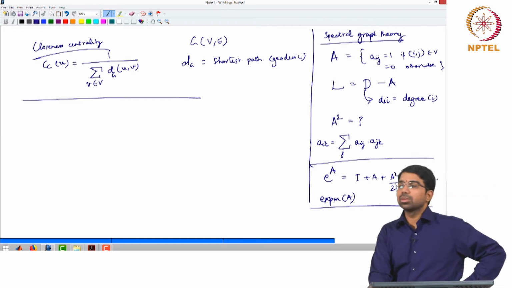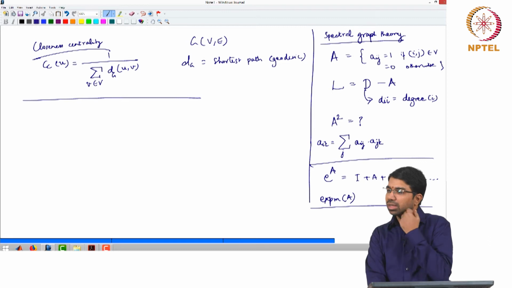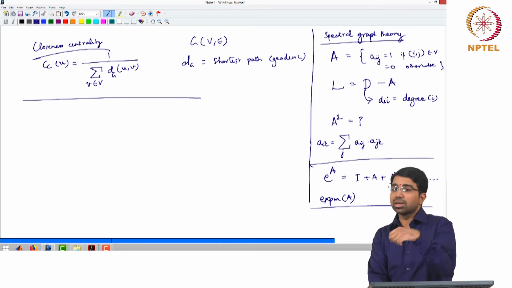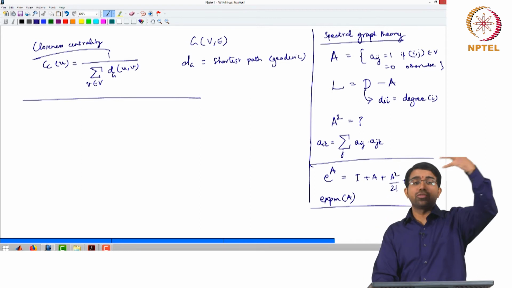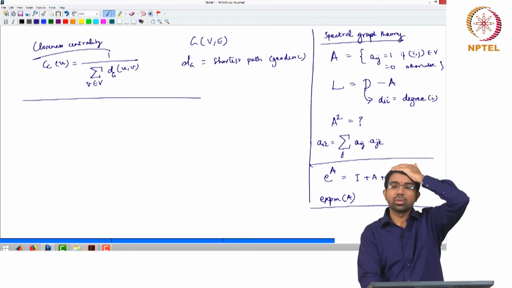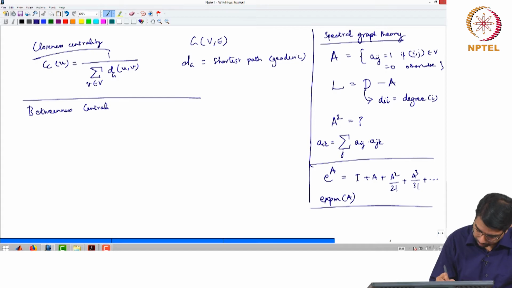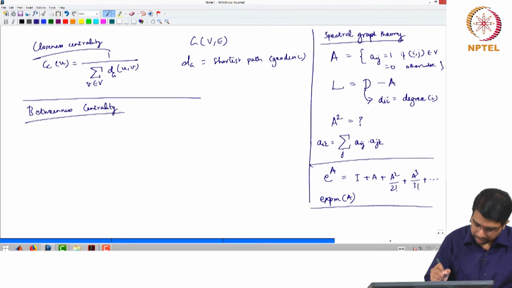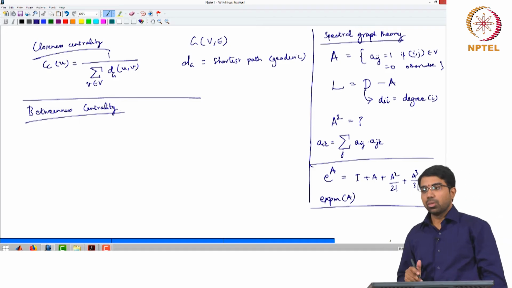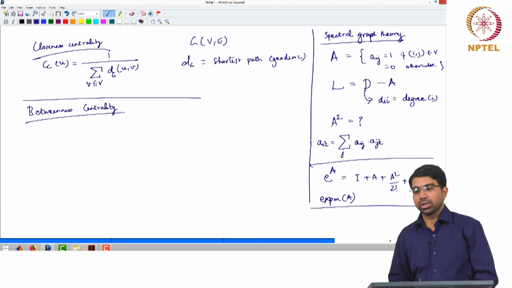So far we have only been looking at individual nodes. There is nothing that tells you a little more about a node by virtue of its position in the network. So the next concept is quite interesting, it is called betweenness centrality. What does betweenness mean? It tries to measure how often a node is between two other nodes.